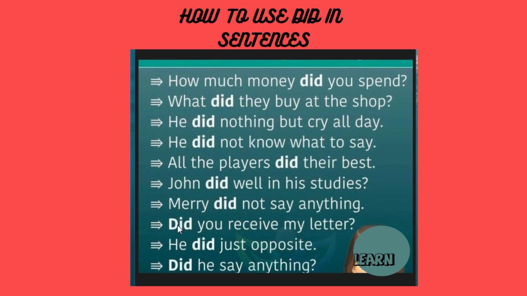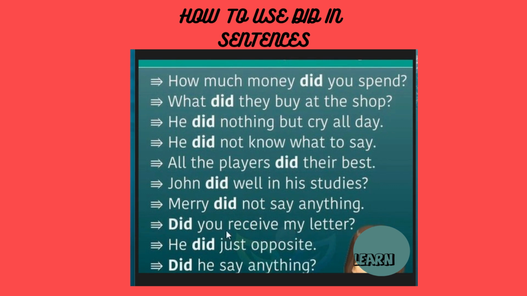It is a past action, like he sent it the previous day. So maybe he is asking today, did you receive my letter? Or yesterday, it can be any time. But in the past action, that person asked this question.